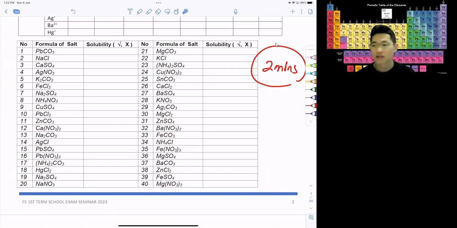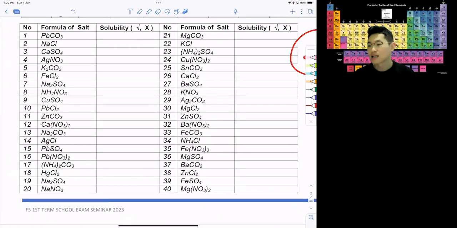You can get it from the website. Wait, okay, 1 minute left.